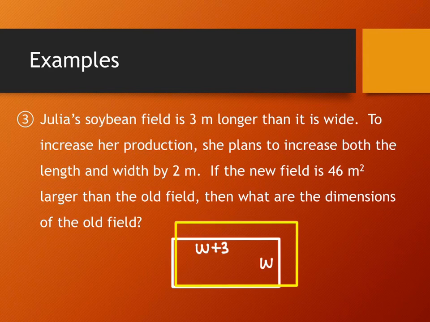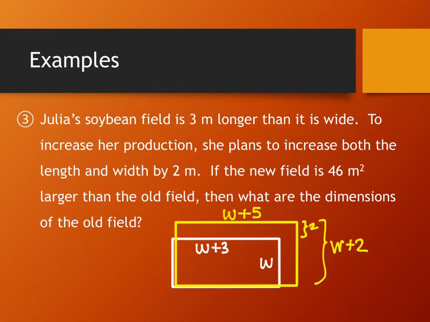So this field is now, this is 2 right here. So the whole length here is W plus 2. It was W, now it's W plus 2. Now this piece, we said before, was W plus 3. So we now have W plus 5. So it was W and W plus 3.